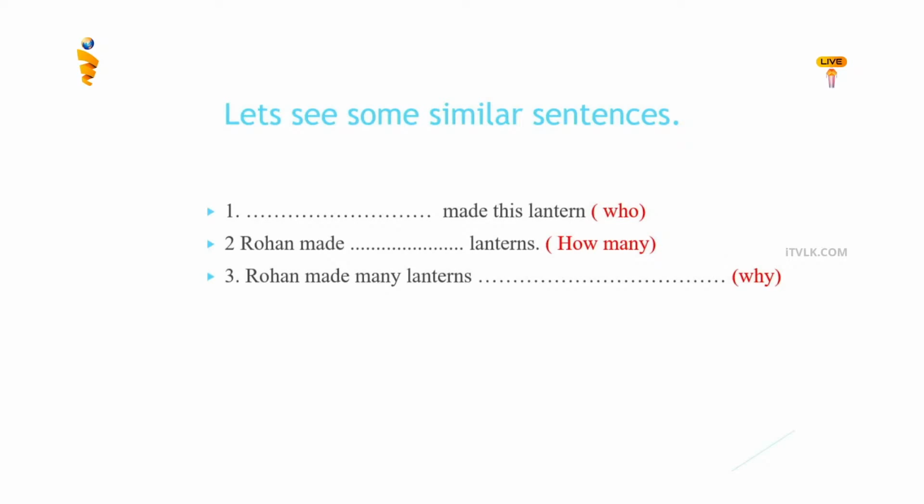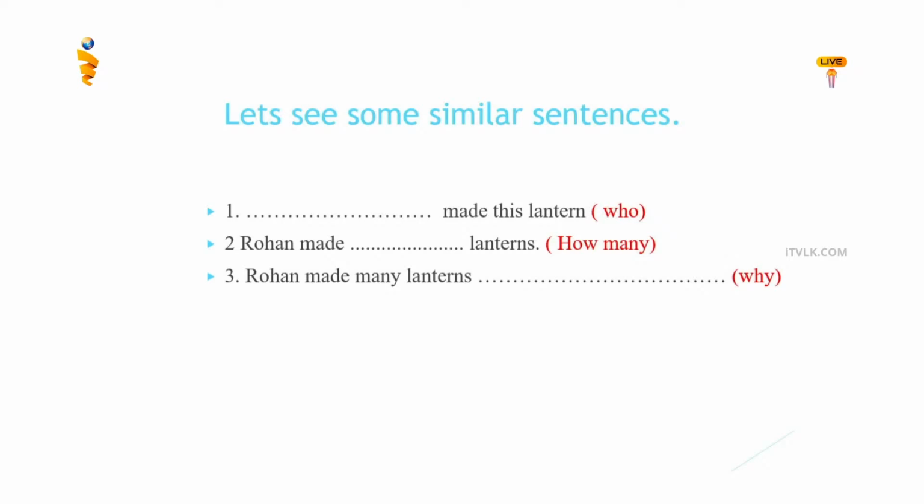Let's see some similar sentences. Blank made this lantern. Today is Vesak, so I'm sure you would have made a lot of lanterns. So look at these sentences. Blank made this lantern. So the question that we are going to ask is, who made this lantern?